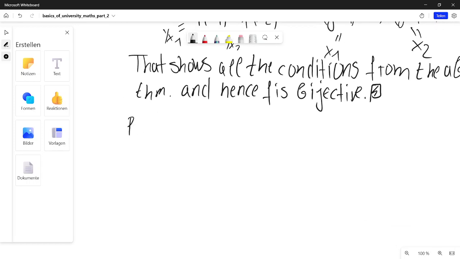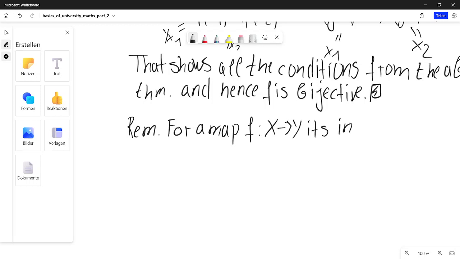Remark: for a map f from X to Y, its inverse g from the theorem that we have just proved.